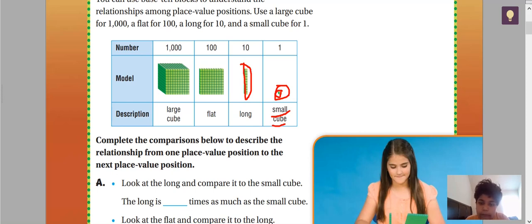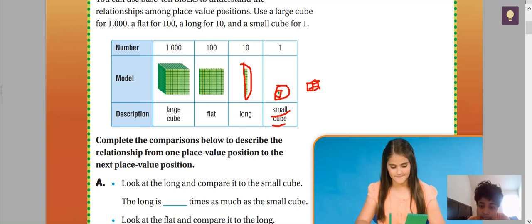Because if we do one little cube right here, I'm just going to do a 2D shape of it, okay? Let's try to draw a cube. Let's say that's my cube, right? Of a small cube.